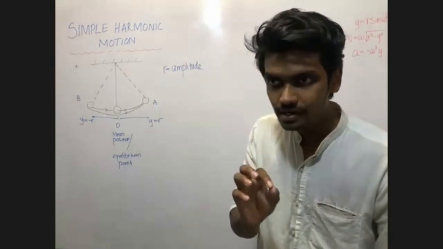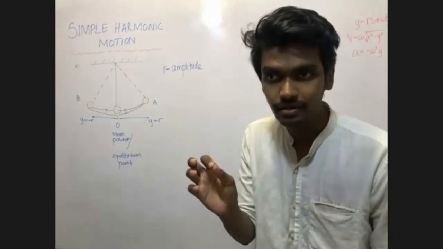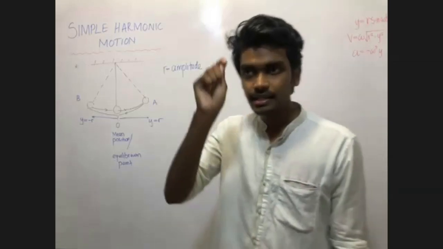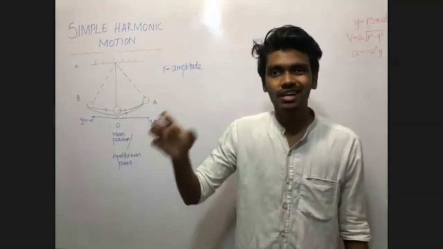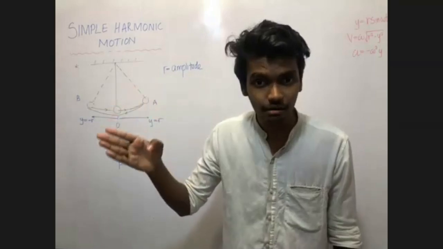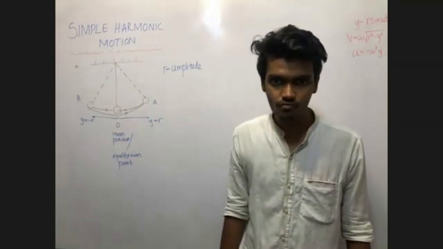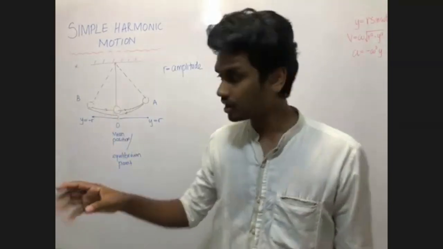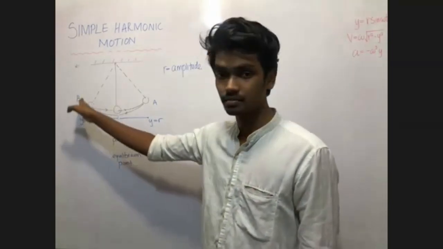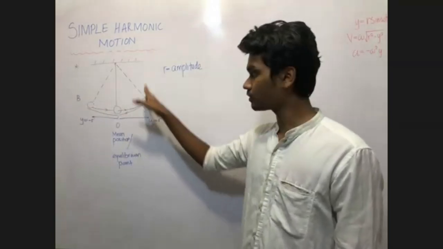You need to know that always in a simple harmonic motion, the displacement is measured from the mean position. You're not going to measure the displacement from here or from here.